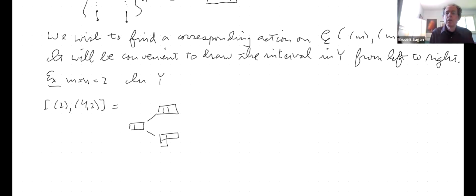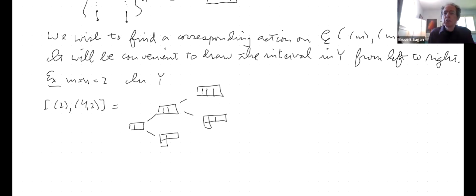What partitions can I get to from this one? Well, I do the same thing. I can either add it to the first row, or I can add it to the second row. What about here?